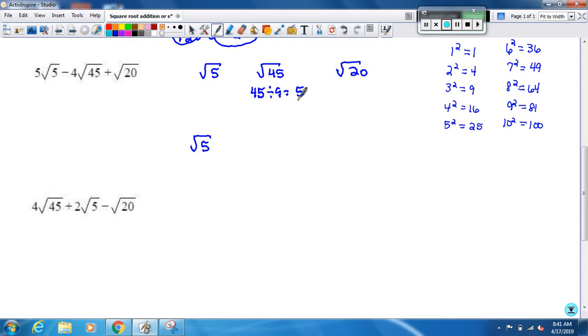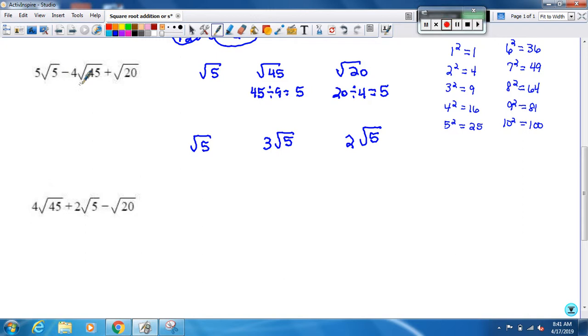That equals 5. So whatever you get goes under the radical. Since you divided by 9, whatever's out front, the 3, stays out front. 20, we can do 20 divided by 4. That equals 5. So whatever you get after you divide goes under the radical, and we divided by 4, so what's out front? The 2 stays out front.